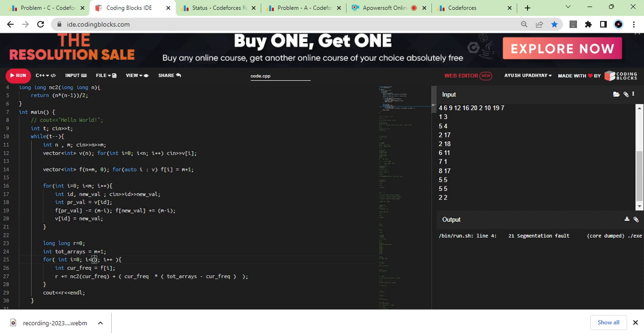This is obviously not n plus m, this is n plus m plus 1 you have to do. v of I in v. Okay, now there is a problem with this. They consider one indexing, we consider zero indexing. So ID minus minus.